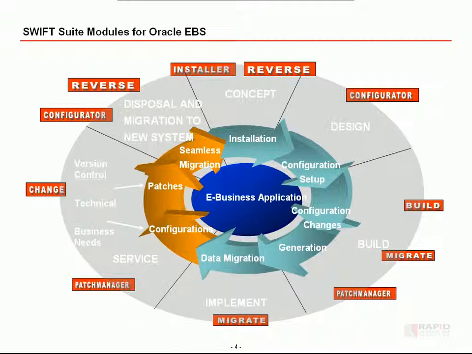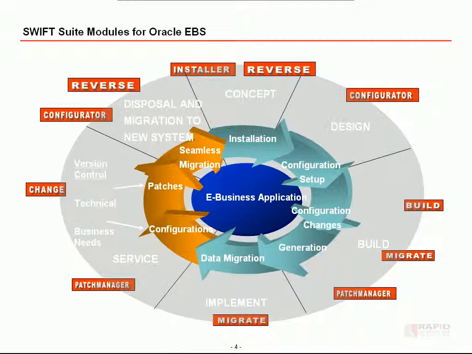Or you may be an existing customer and looking to pull configurations and data from your previous instance to put it into the new one. For example, if you're implementing a new release 12, then pulling information from your 11i instance and moving it into 12 becomes much simpler with reverse.